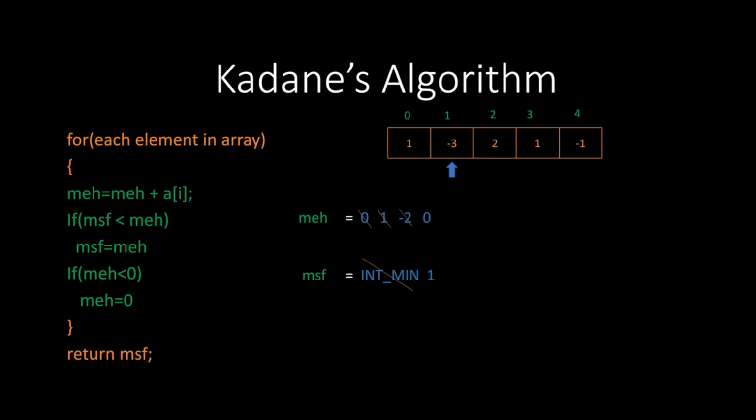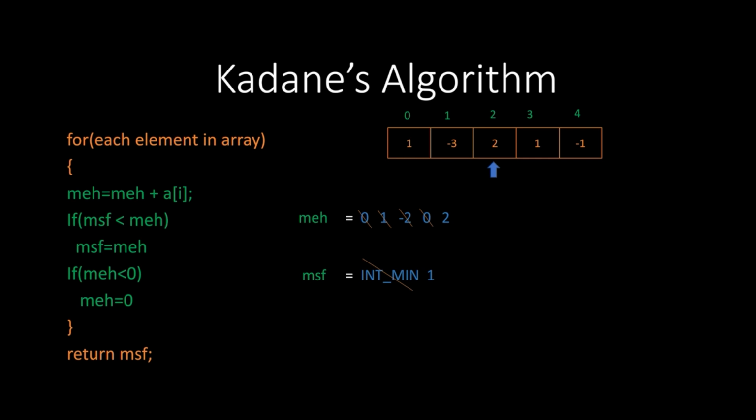Now we move to the next index. Maximum ending here is equal to maximum ending here plus a of i. Maximum ending here is 0 and a of i is 2, so maximum ending here would be replaced with 2. Now we check the condition: maximum so far is 1 and it is less than maximum ending here, which is 2.